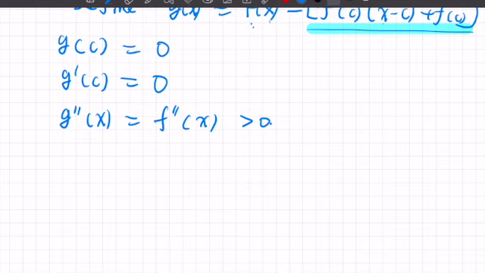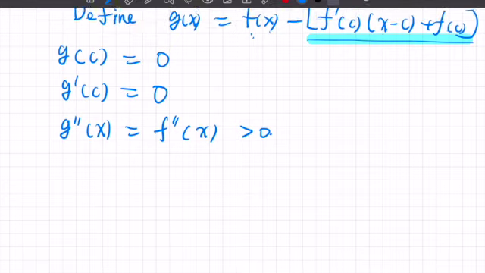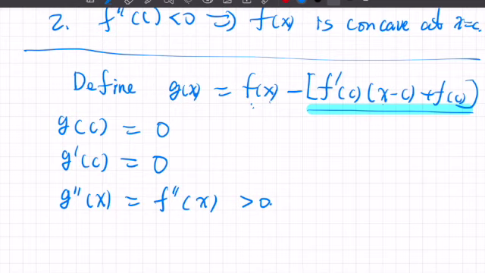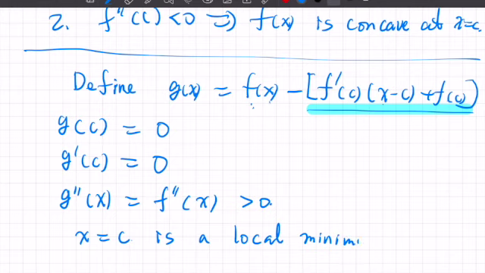And from the previous corollary, we see that x equal to c is a local minimum point of g of x.